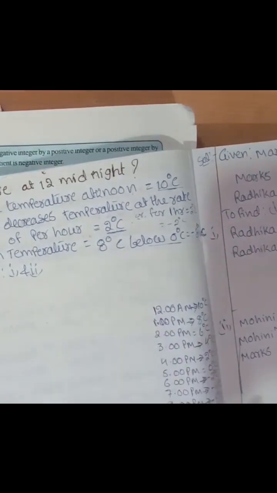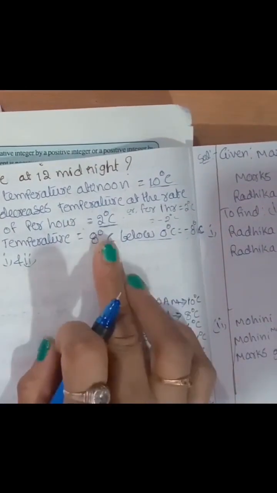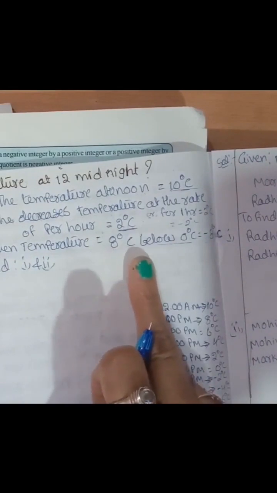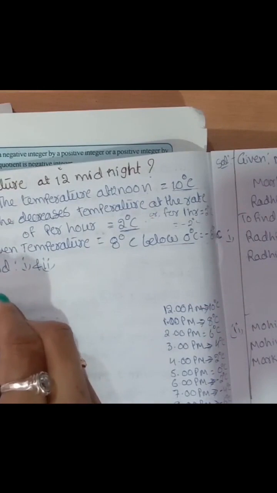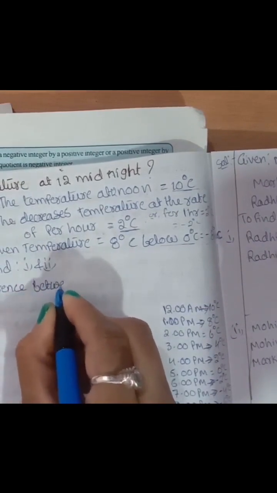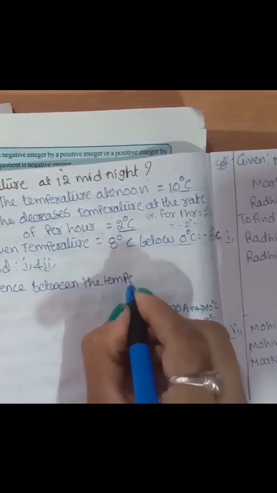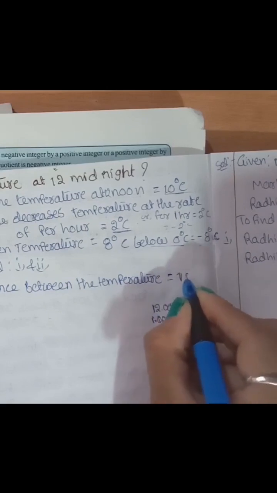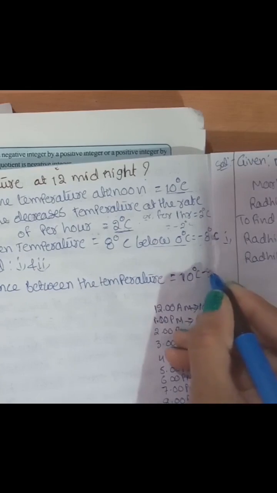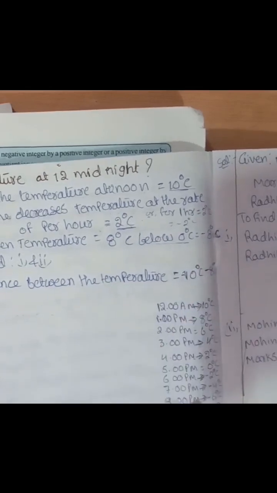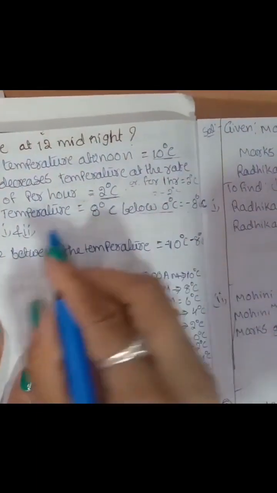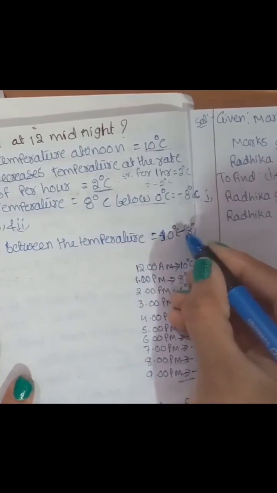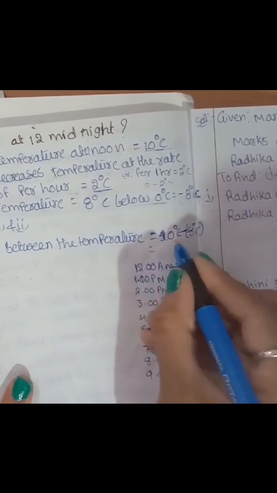Here we have to find the first and second parts. First one is the difference between both temperatures: 10 degrees centigrade minus minus 8 degrees centigrade.